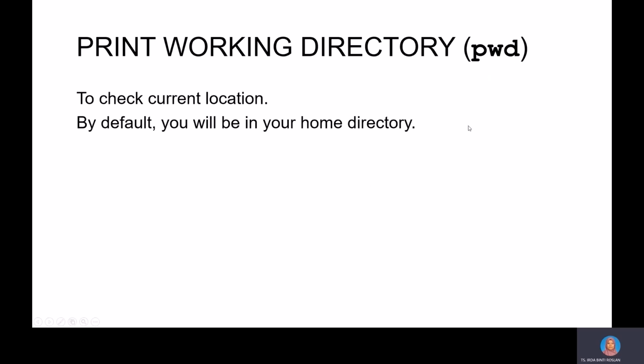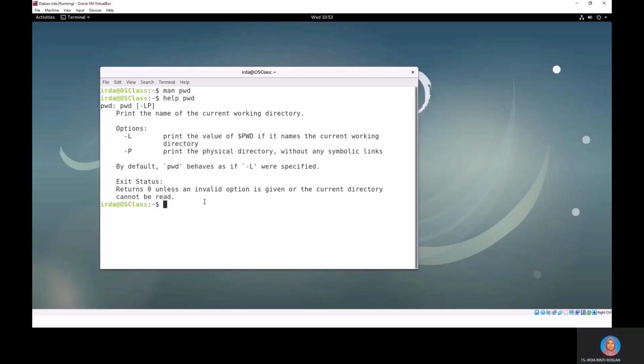pwd is used to track your current location, and by default you will be in your home directory. So in my case, if I type pwd, this is my home directory, /home/irda.